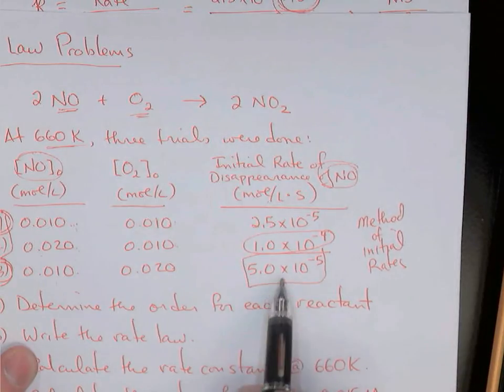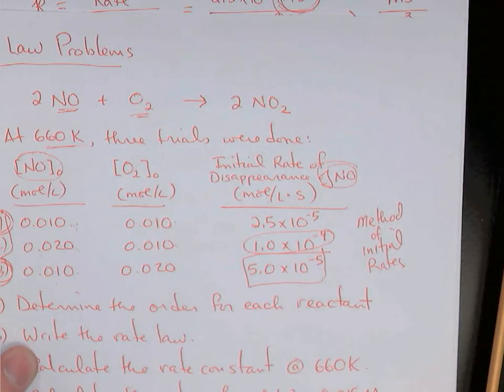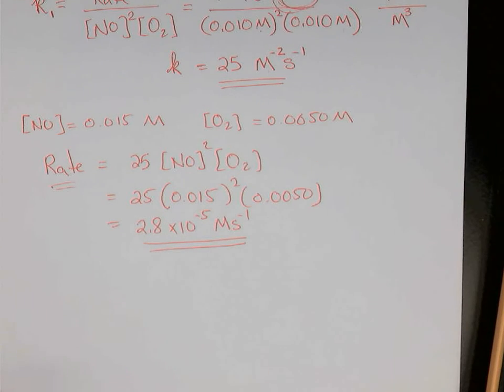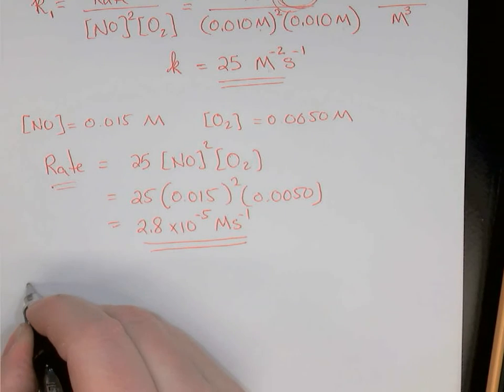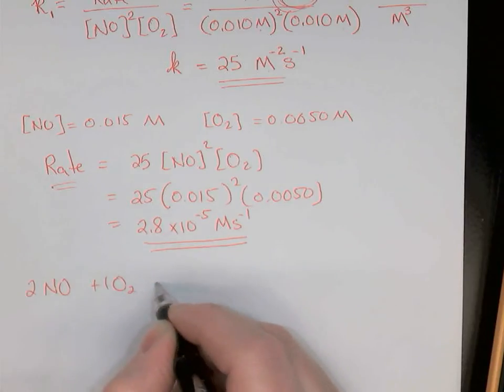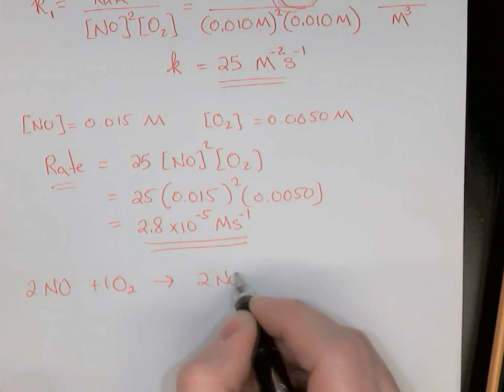So that's the rate at which NO was disappearing. How fast was the oxygen disappearing? To figure that out, just look at your balanced equation. 2 NOs plus 1 O2 makes 2 NO2s.